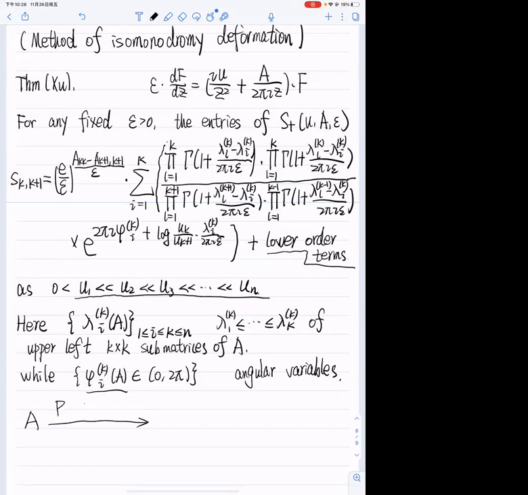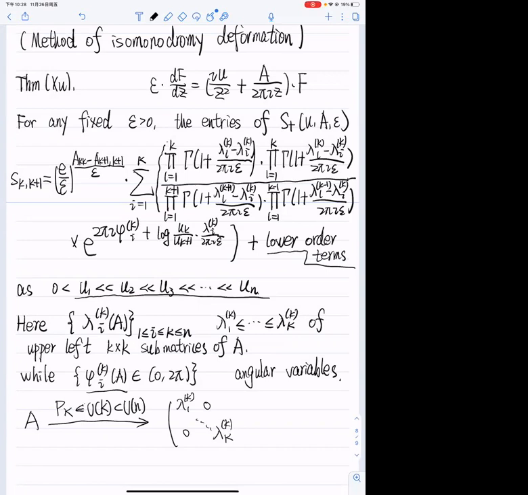You can take a unique unitary matrix with a positive real along the last column. This is inside U_K, which is sitting inside U_N as the left top corner and extending by ones along the diagonal. Then you can diagonalize this to lambda K1 to lambda KK.